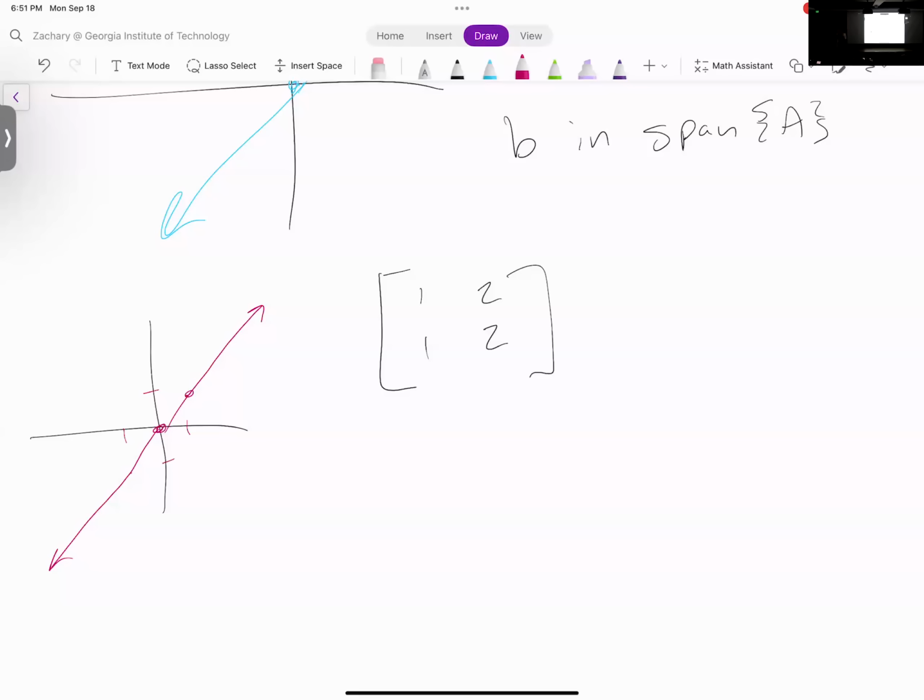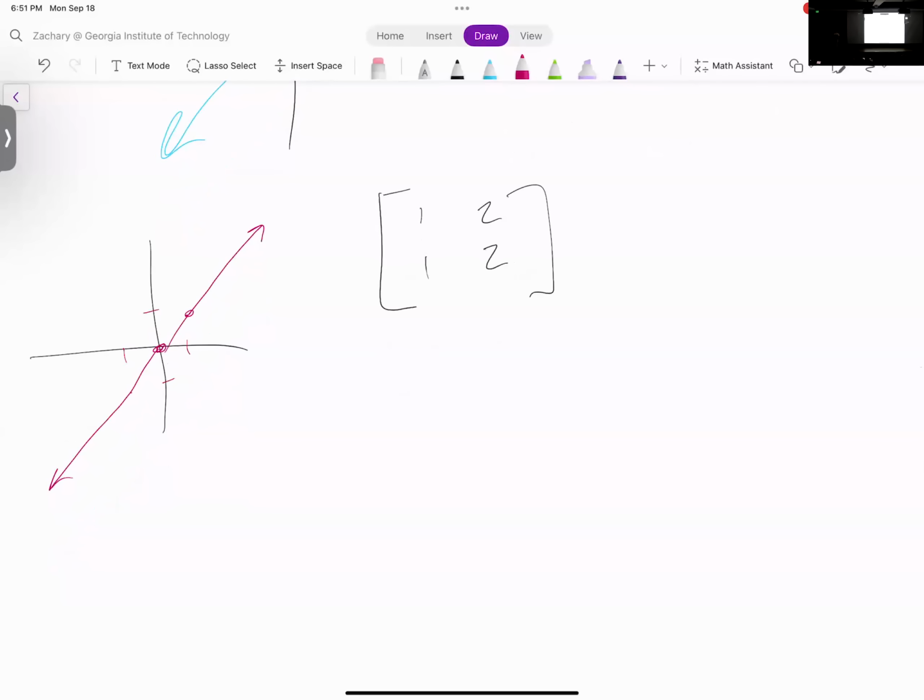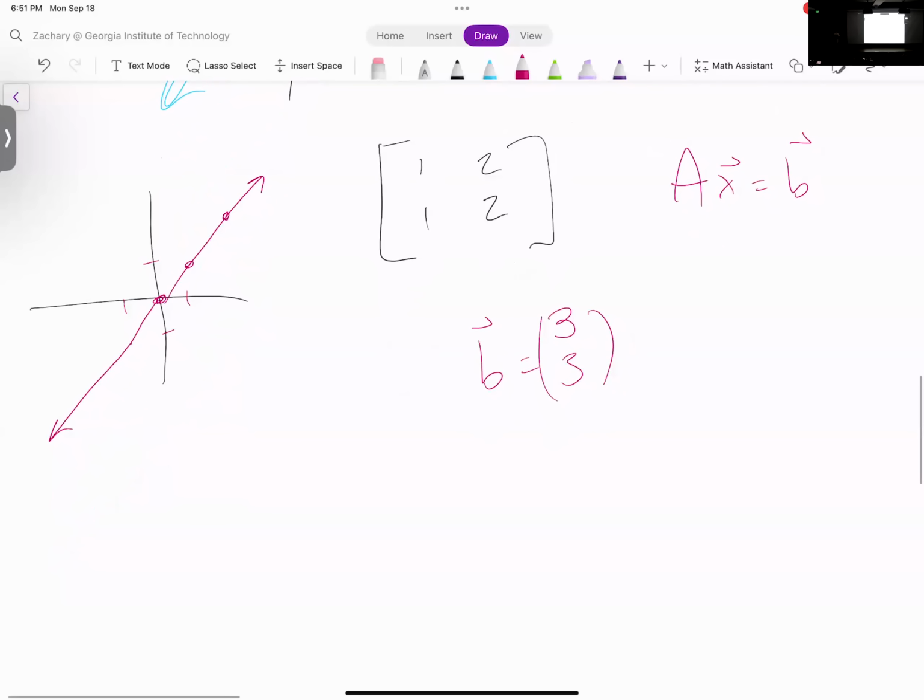So someone give me a vector on this line, anywhere. Somebody loudly and confidently. 3, 3. So if we're solving for B equals 3, 3, when I say B, I'm talking about AX equals B. Is it on this line? It sure is. Being in the span means this is consistent.